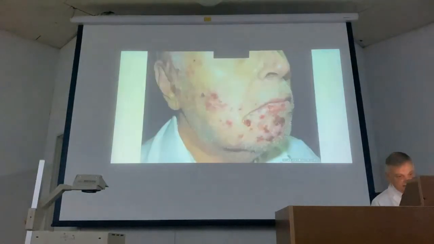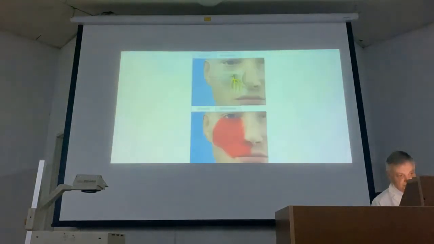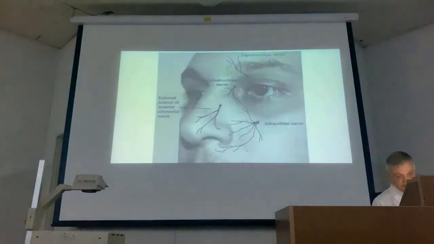Again, the same thing. This is herpes zoster of mandibular. This is as if it is drawn by a pen. This is the ophthalmic division of trigeminal. We will be talking about this when we talk about the trigeminal nerve.